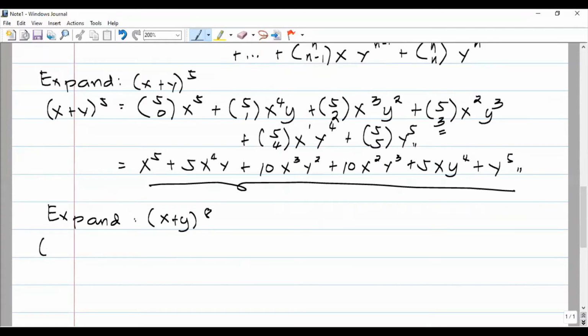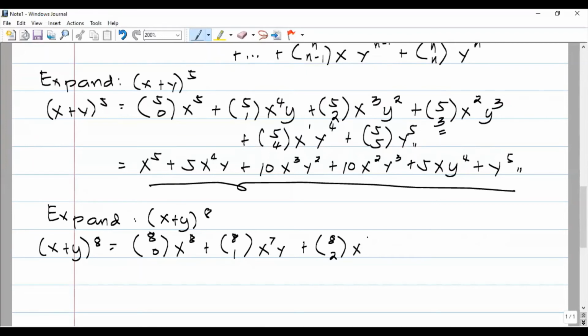So we have x plus y raised to 8 is equal to the combination of 8 taken 0 at a time, x raised to 8, plus the combination of 8 taken 1 at a time, x raised to 7, y, plus the combination of 8 taken 2 at a time, x raised to 6, y squared, plus the combination of 8 taken 3 at a time, x raised to, what is the exponent of x here? 5.